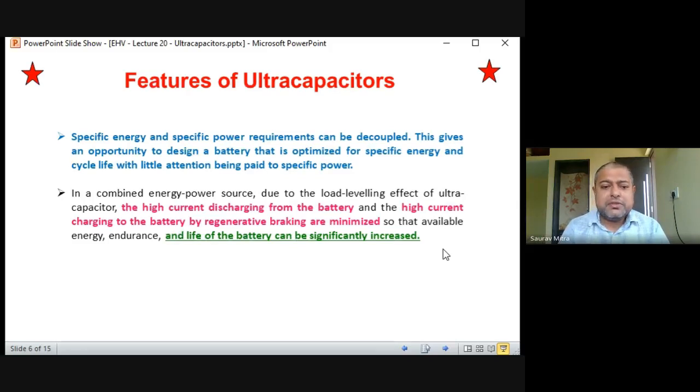The ultracapacitor is there so that the available energy, endurance, and life of the battery can be significantly increased. This is what I was talking about by hybrid system. Battery alone can't do that, but yes, battery alone can be the main source or only source for an electric vehicle, because it has high specific energy.